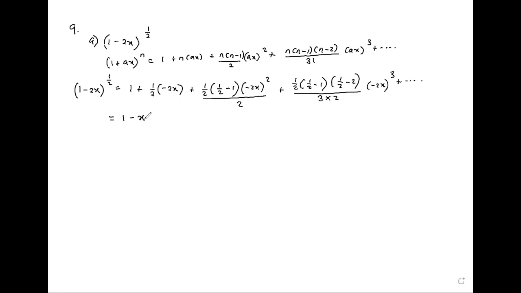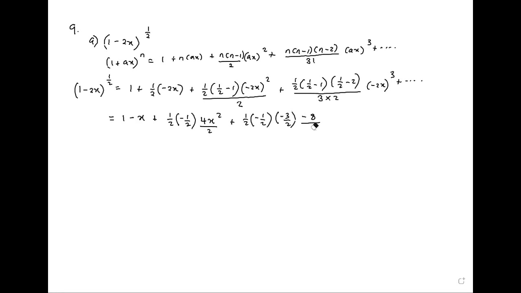Now simplifying: plus, half minus 1 is negative half, and negative 2x squared is positive 4x squared over 2, plus half minus 1 is negative half, minus 2 is negative 3 over 2, and then this gives us negative 8 over 6.